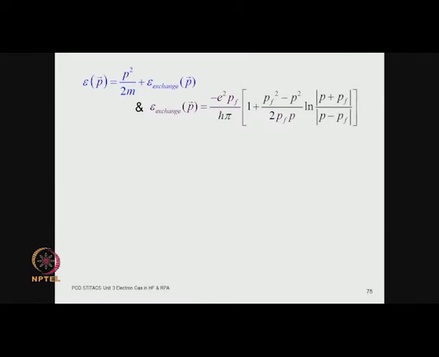Now, this is the expression that we got from the Hartree-Fock equation. This is the kinetic energy part and this is the exchange part.